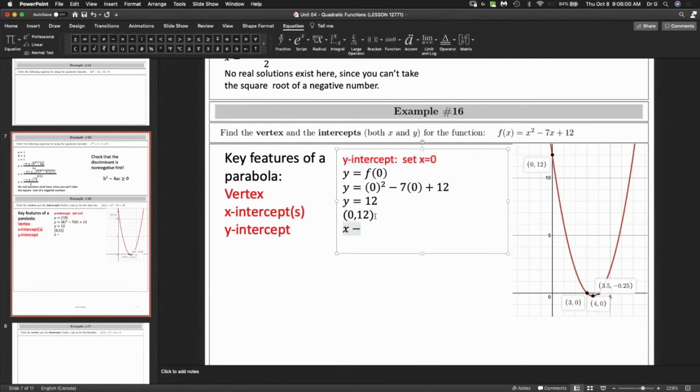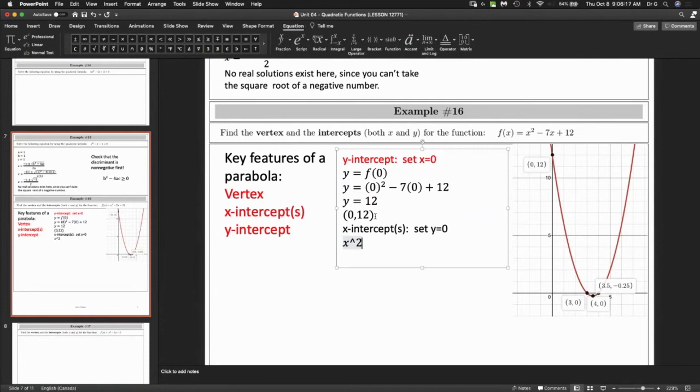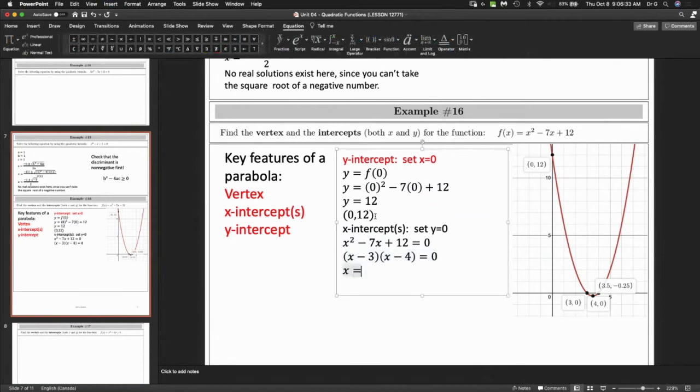For the x-intercepts, you set y equal to 0. That's what we were practicing in the first hour today. If you set y equal to 0, you get x squared minus 7x plus 12 equals 0. I'm going to use factoring here because it factors, and you get x equals 3 or 4.